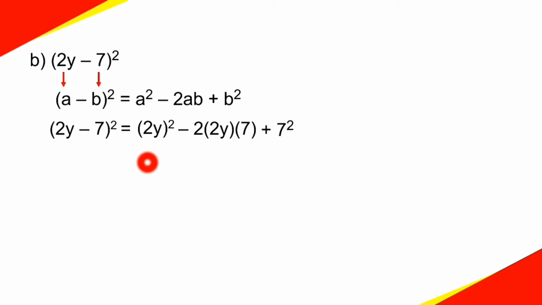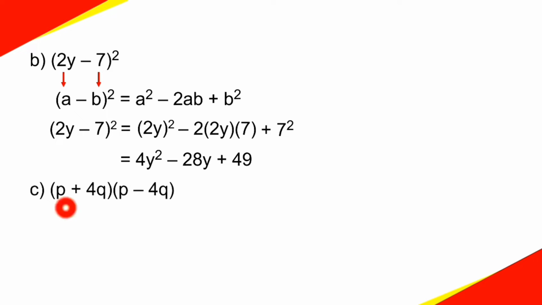Now once we multiply 2y into 2y, what we can get? 2 2s are 4y² minus, here what are the constant terms we have? Right, that is 2 into 7. 2 2s are 4, 4 7s are 28y, plus 7², in the sense 7 7s are 49. Right, what we got the equation? 4y² − 28y + 49. Okay.